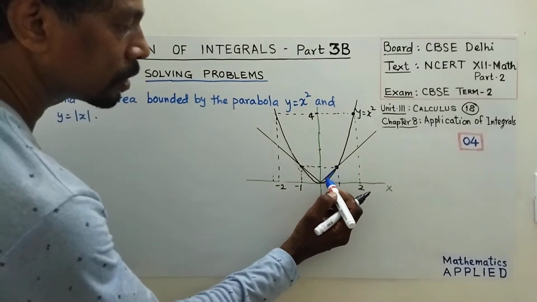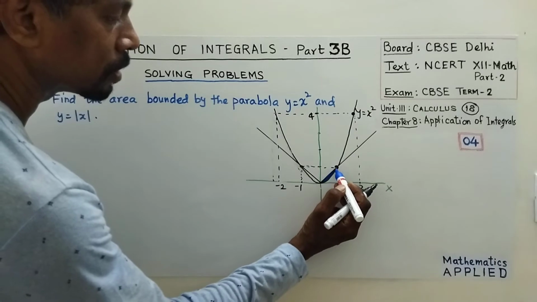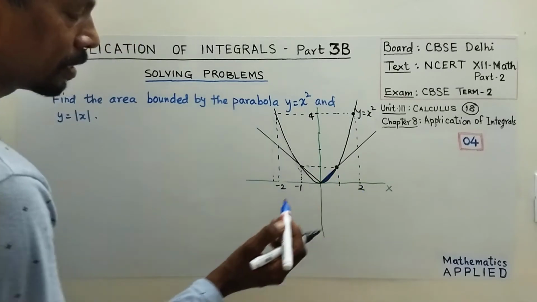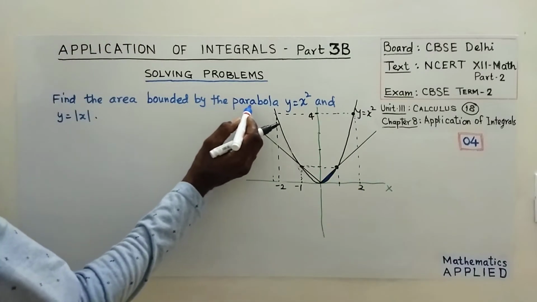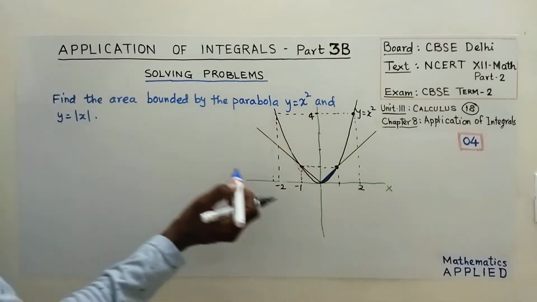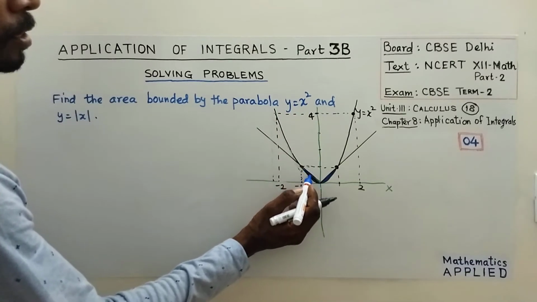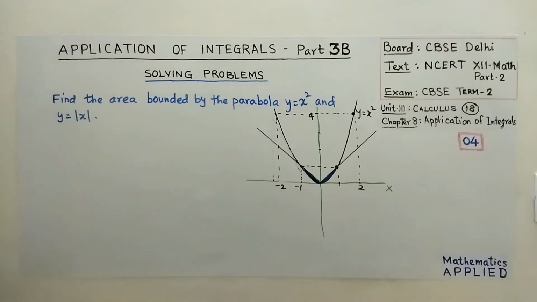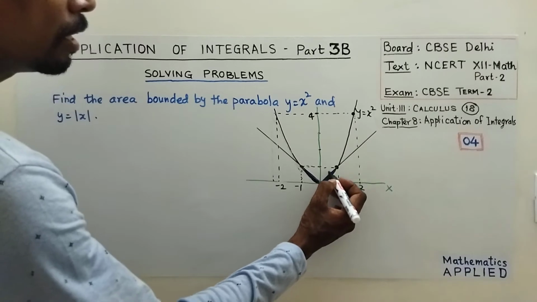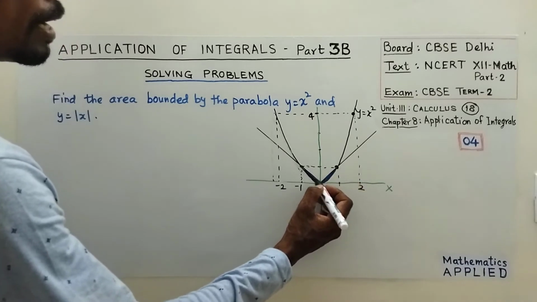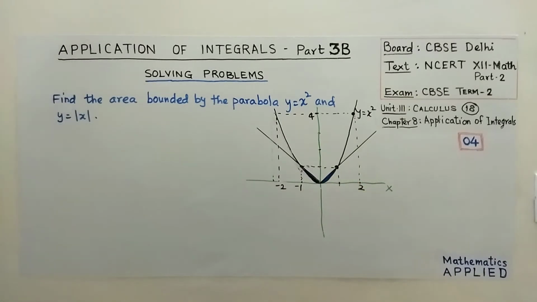This is the region we are required to find. This region, right? It says area bounded by the parabola this and this. So on both sides you have regions. These two regions you have to find, put together. What you can do is find the area of this region and double it, because both of them are symmetric.